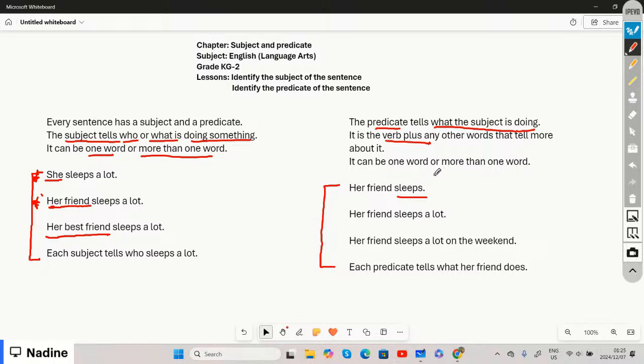We need to identify the predicate. If we were to identify our predicate, then we can say sleeps a lot, because who sleeps a lot? Her friend.